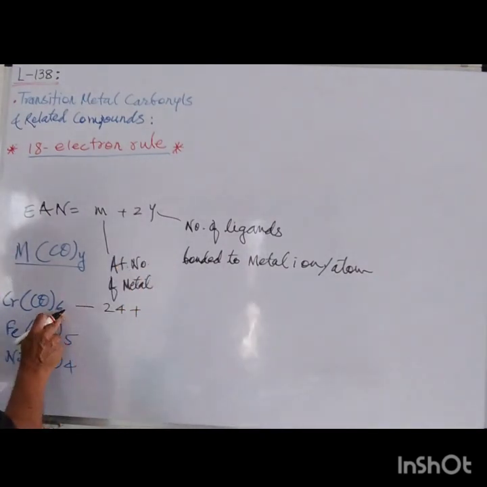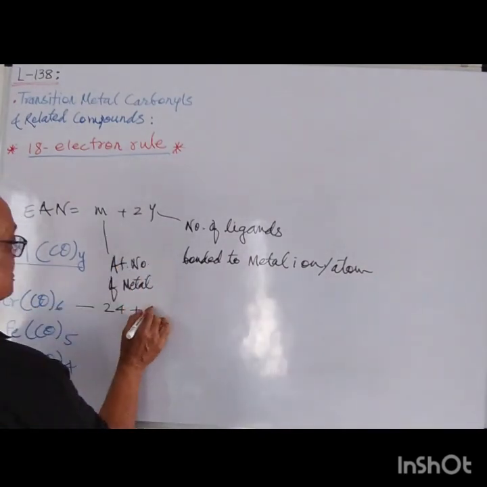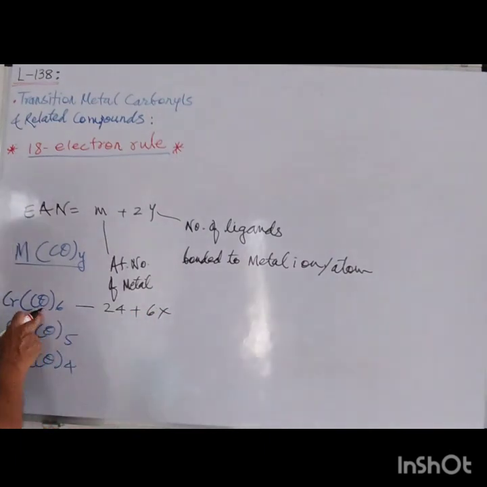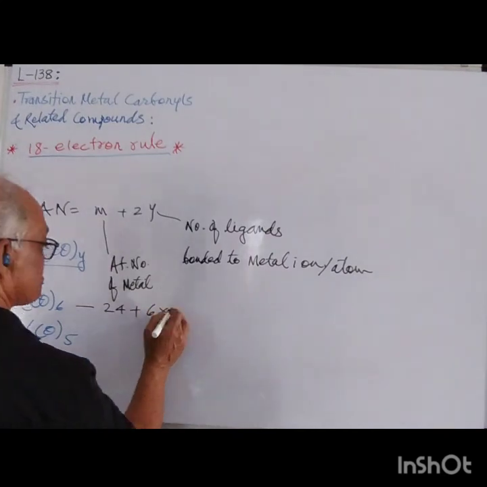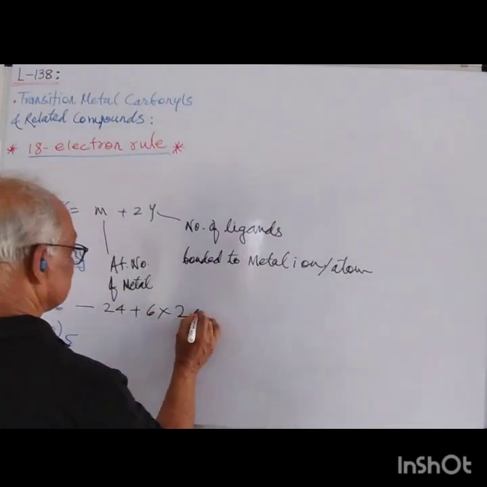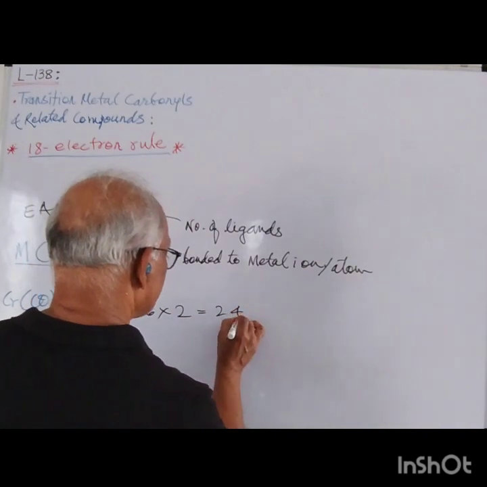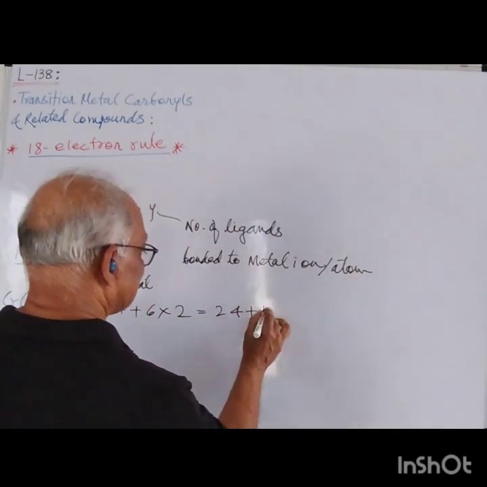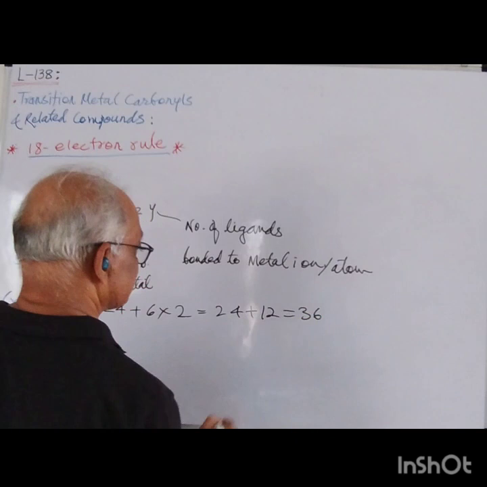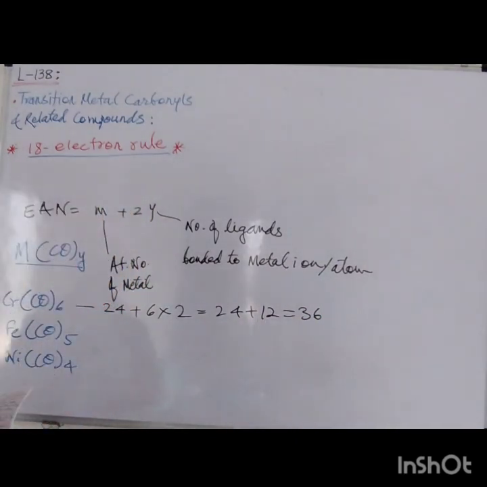The number of ligands is 6, and each ligand donates 2 electrons, so 6 into 2 gives 12. So 24 plus 12 is equal to 36, and this is what we call the effective atomic number.